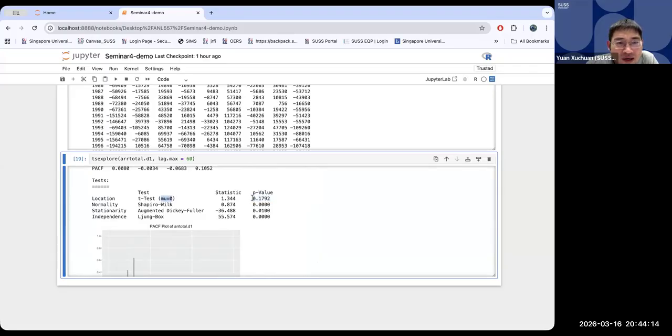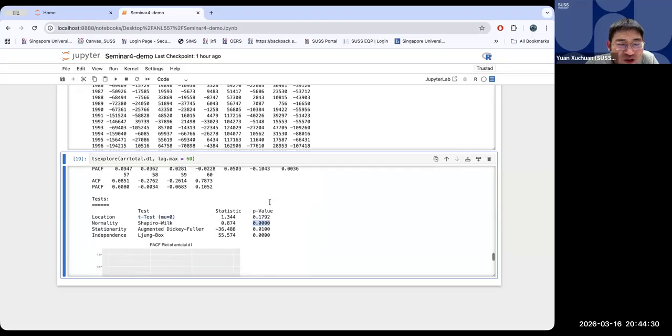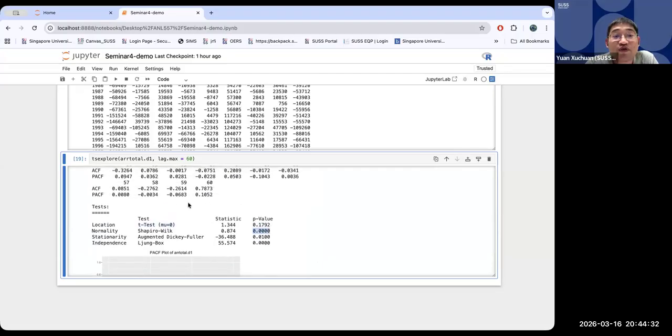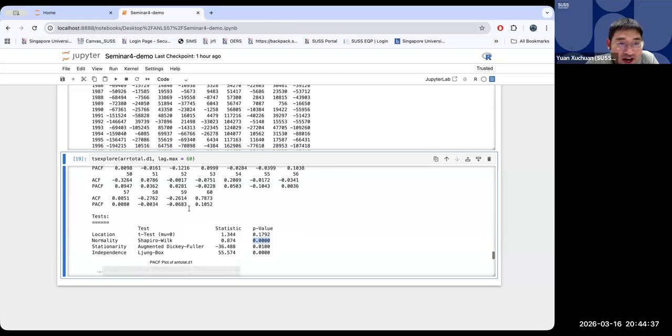The p-value is bigger than 0.05, so we cannot reject the null hypothesis. Location maybe can approach zero. And normality, I think this should refer to the residual after you remove the trend.